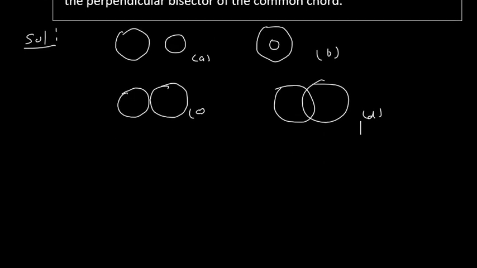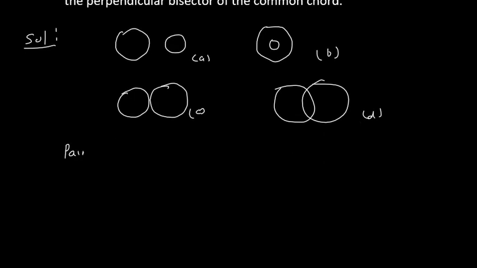So here I will say that pair A and B have no point common.